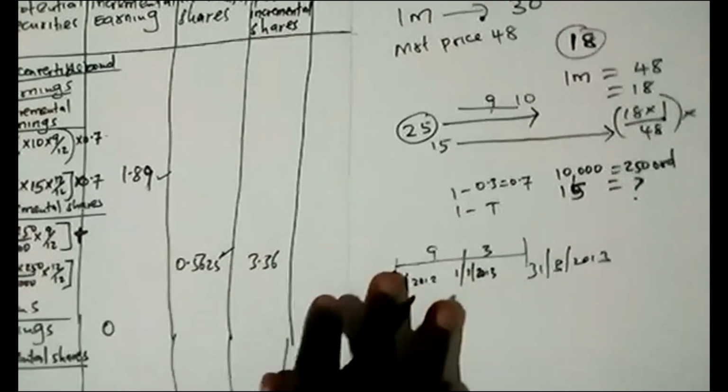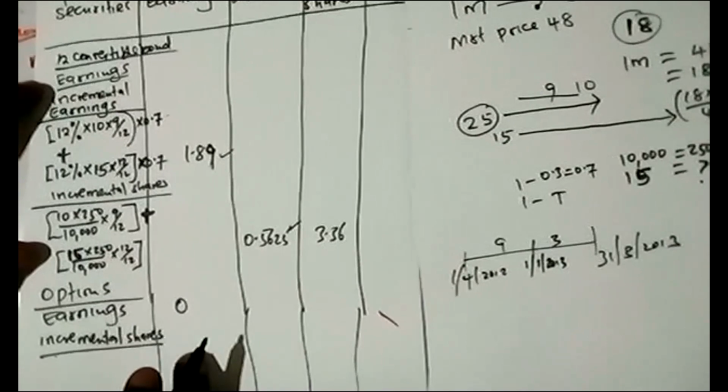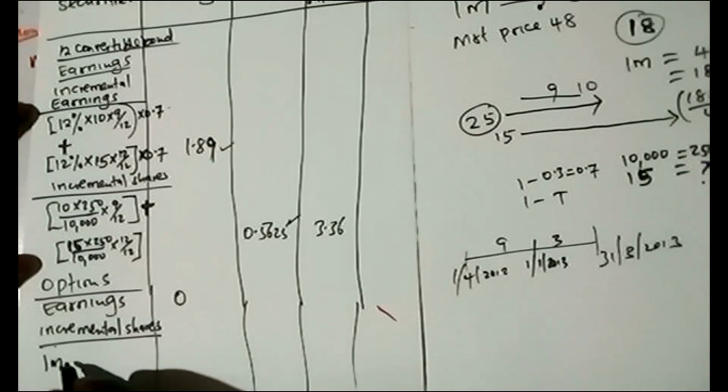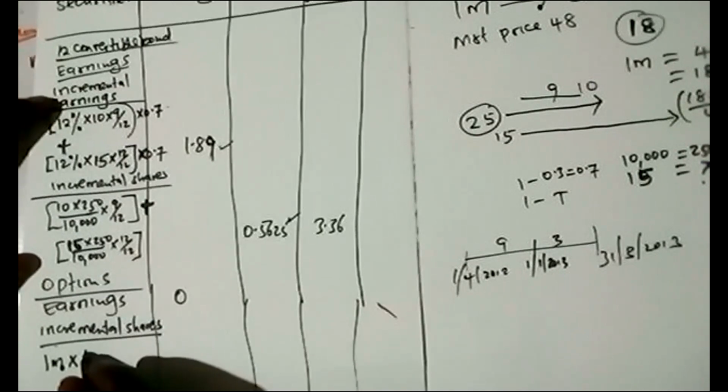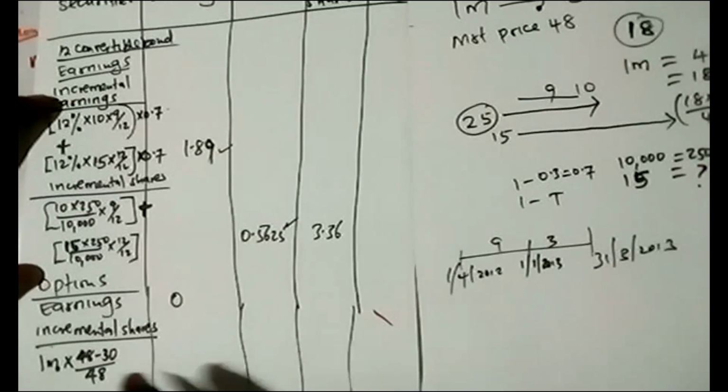So in short, this is what you are supposed to do. I will take my 1 million, which is the option, and multiply by 48 minus 30, divided by 48. That is the same thing I equated when I was explaining.